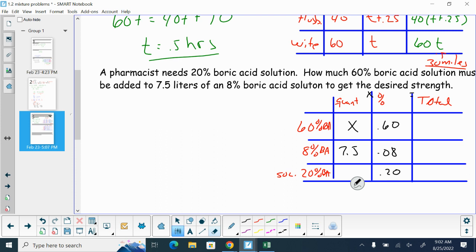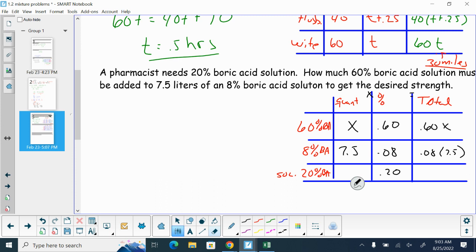So we have 0.60x, and we have 0.08 times 7.5. What we have here is this solution and this solution.